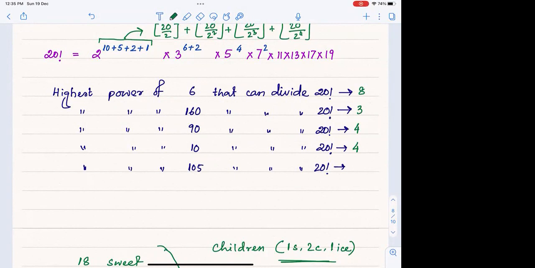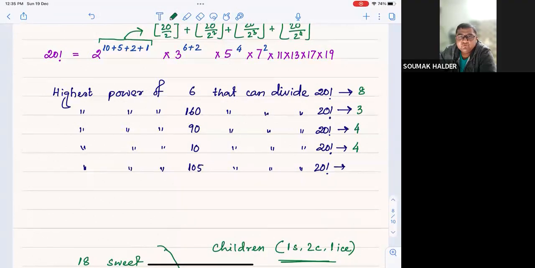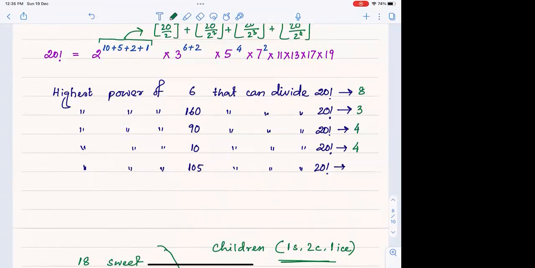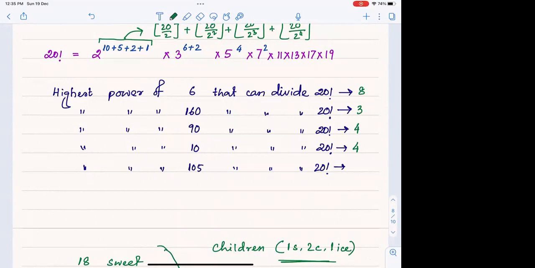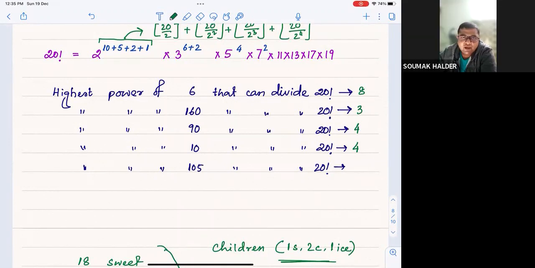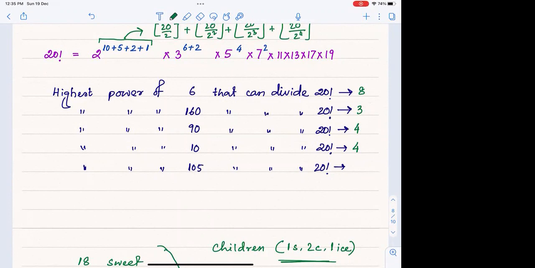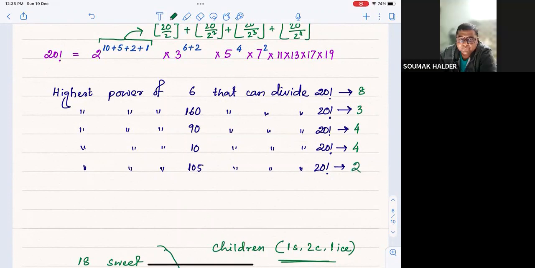Because 105 is made of 3, 5 and 7, all primes used once with equal weightage. So do I need to check powers of 3 and 5 or should it be just 7 which will be sufficient? 7. Yes. Is that okay with all?